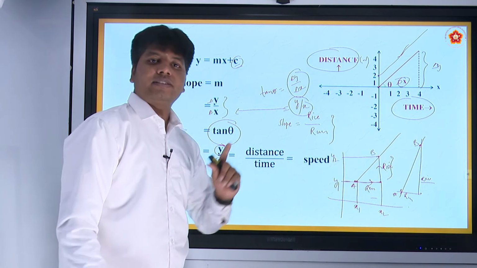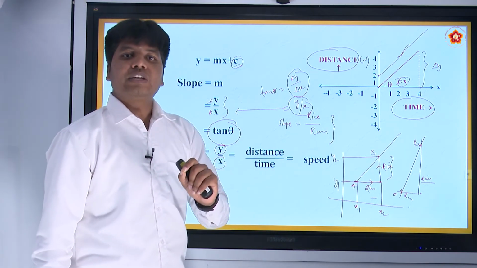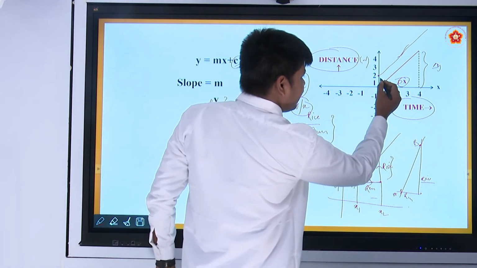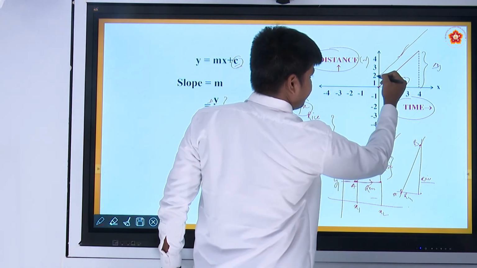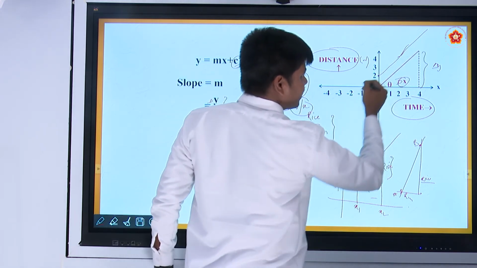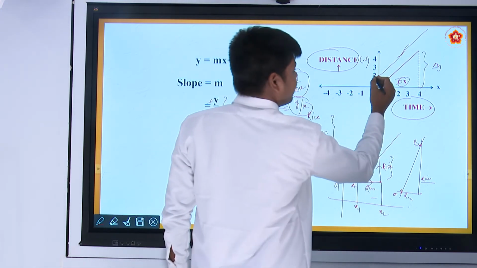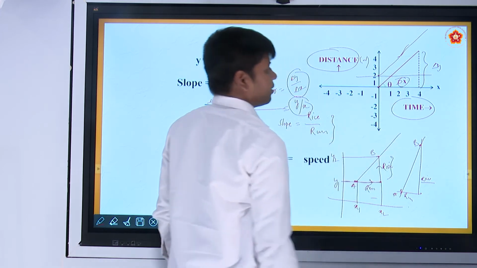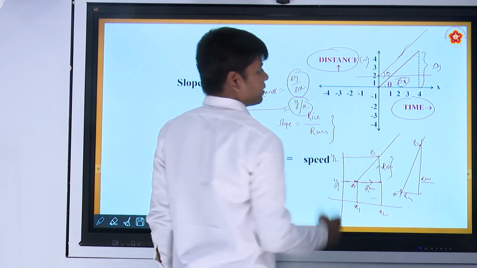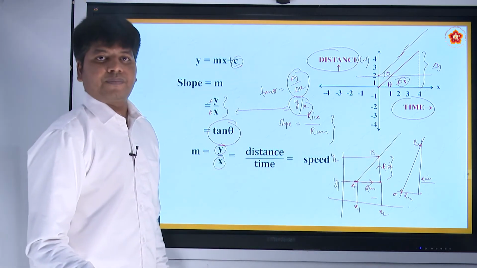It is already at a distance of 2 meters when t is equal to 0. Now see the angle which this new straight line is making with the horizontal. Take a parallel line to the x-axis. See this. This also will be equal to theta.